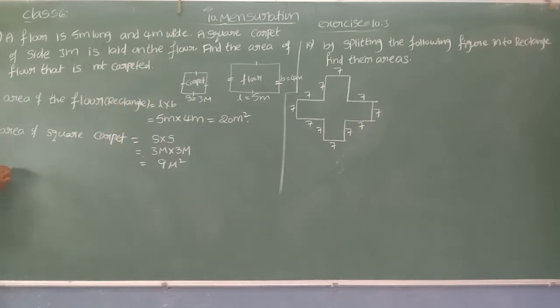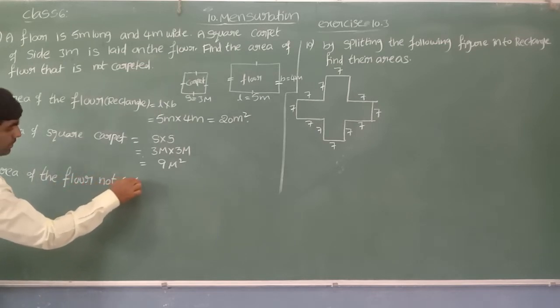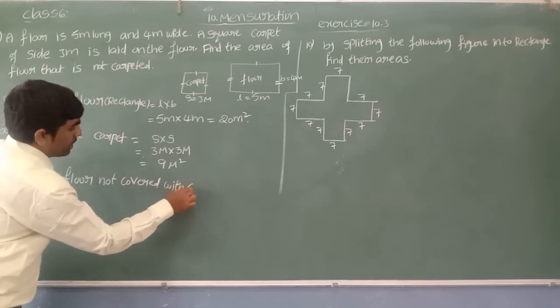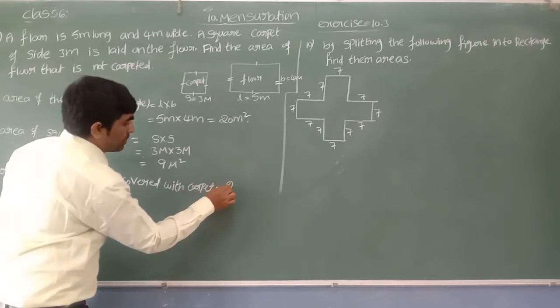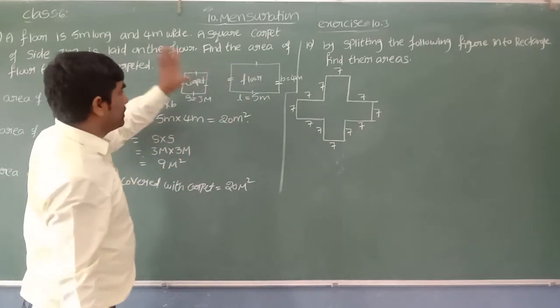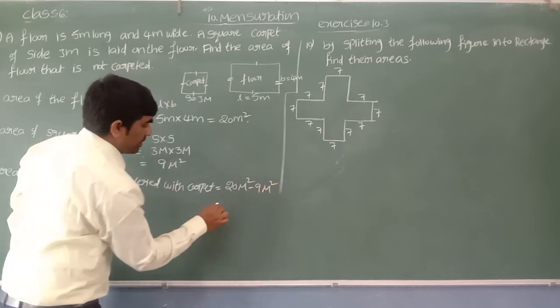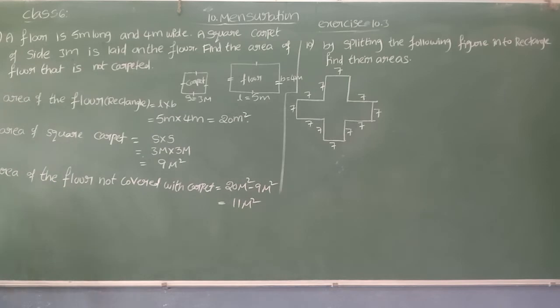From the total area 20 square meters you subtract the area of the carpet, 9 square meters, which gives 11 square meters of area not covered with carpet.